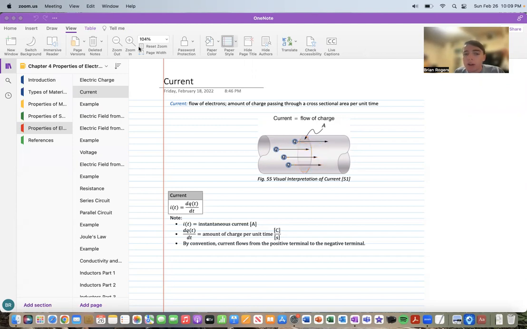And so current is defined as the amount of charge per unit time, and it is given in units of amps. By convention, current is going to flow from the positive terminal of the battery to the negative terminal of the battery.